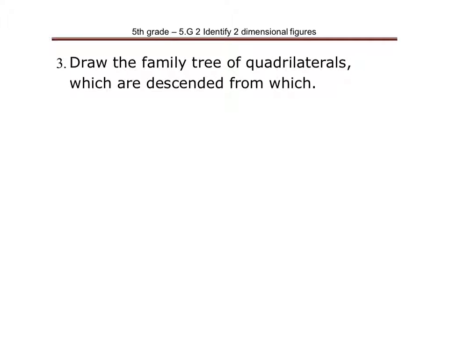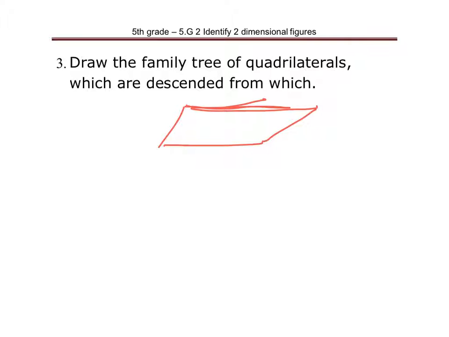So we want to draw a family tree. Let's start off with just a plain old quadrilateral. That's not a very good line. There's a weird quadrilateral. It's not a trapezoid. There's no parallel sides. Well, there kind of are parallel sides.